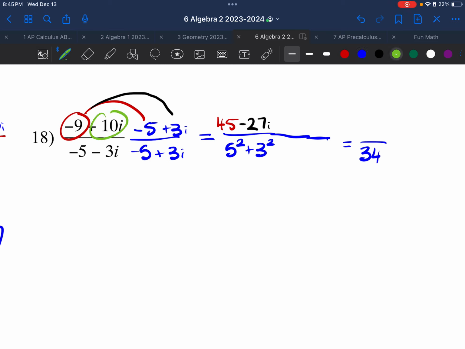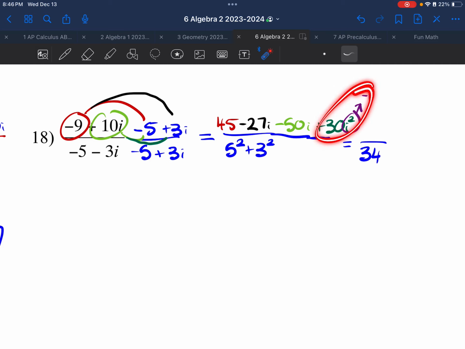I'm doing a positive 10i times a negative 5, which is a negative 50i, and then finally a positive 10i times this positive 3 is a positive 30i squared. I'm noticing that I have an i squared term, which is going to turn into a negative 1. And let's see what we have. I have a negative 1 times a 30, which is negative 30. Negative 30 plus 45 is a positive 15.